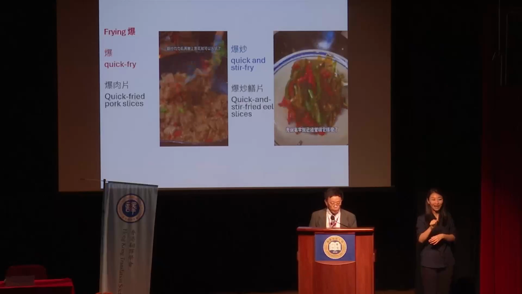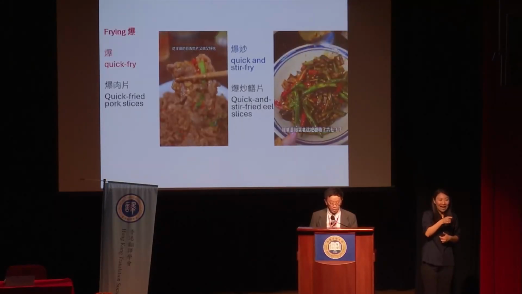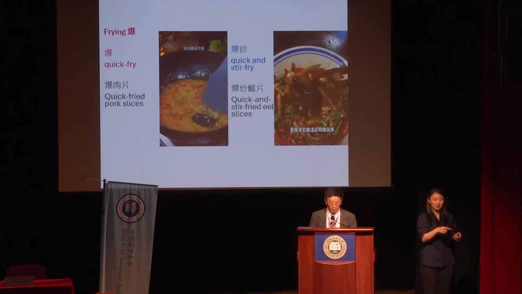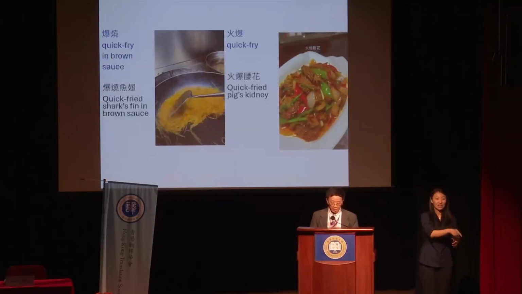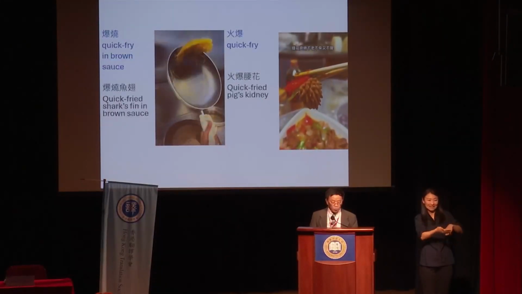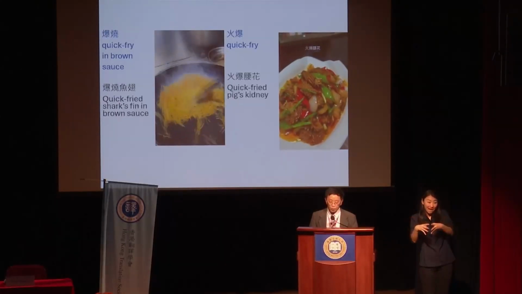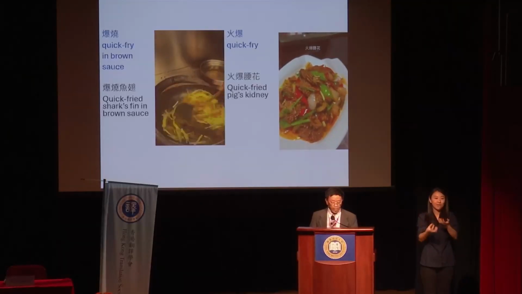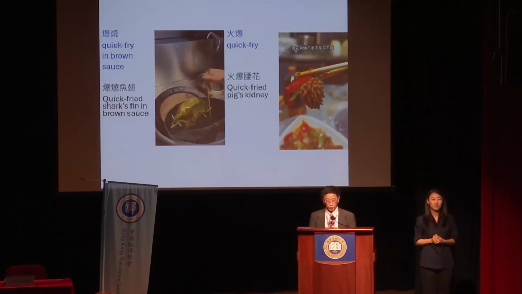The bao meaning quick fly, okay? Say, bao cao xian pian, we could quick stir fry eel slices. If you bao sao, meaning you can quick fry in brown sauce. One example would be bao sao yu ci, quick fry shark fin in brown sauce.